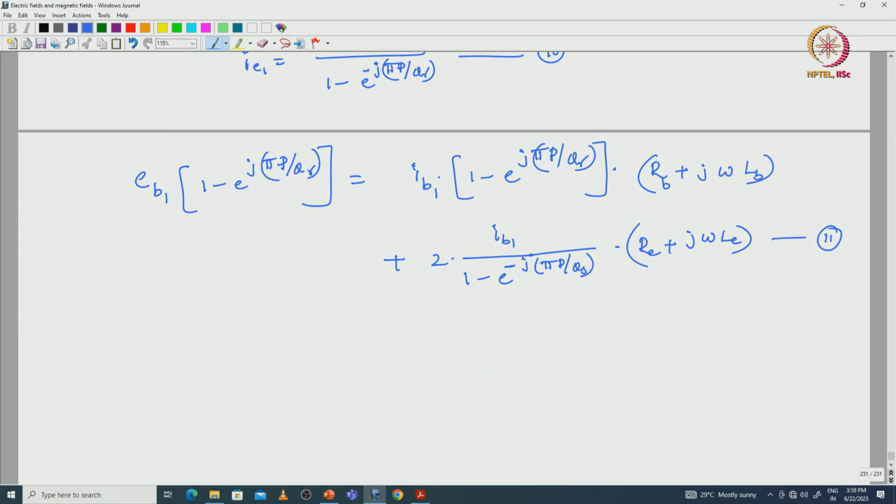After solving this equation by rearranging the terms, we get EB1 in the form of IB1 into RB plus j omega LB, plus IB1 into Re plus j omega Le divided by 2 into sine square pi into P divided by QR.